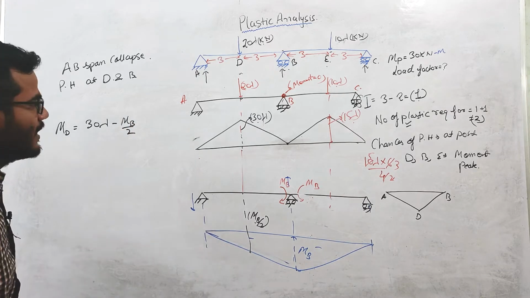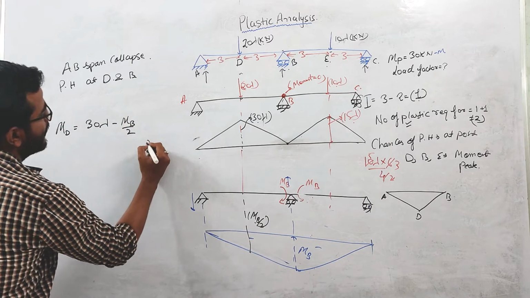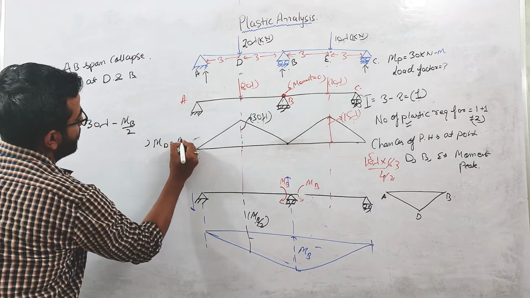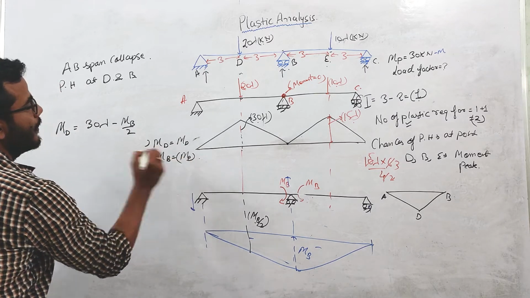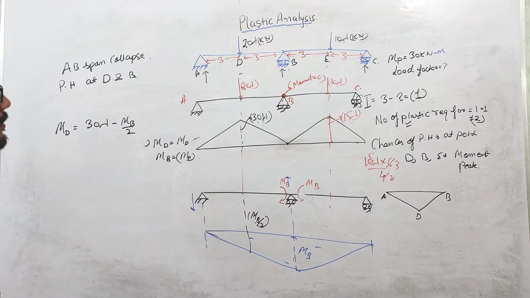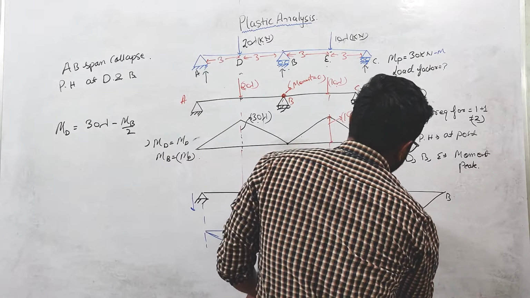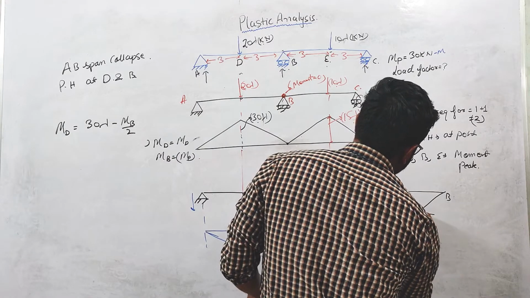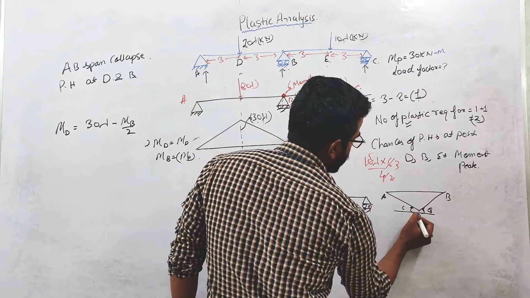If the plastic hinges are formed at D and B, MD will be equal to MP and MB will be equal to MP. You can see that this is the direction of the rotation, and the direction of MB will always be opposite to the direction of the rotation.